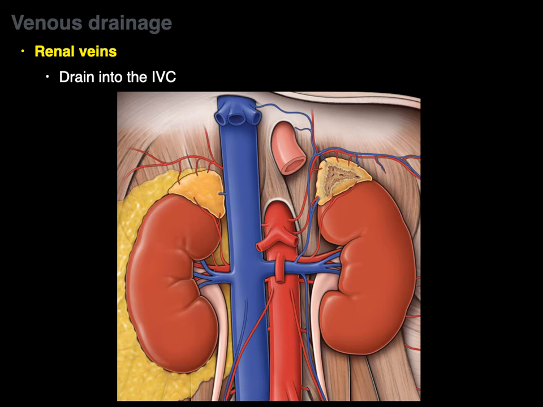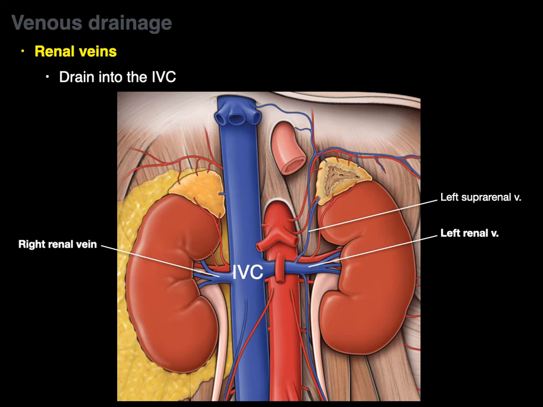And so here we have a picture of the inferior vena cava, and there's the right renal vein draining the right kidney into the IVC, and there's the left renal vein draining also into the IVC. But notice, because the IVC, inferior vena cava, is located more on the right of the midline, that left renal vein is longer.